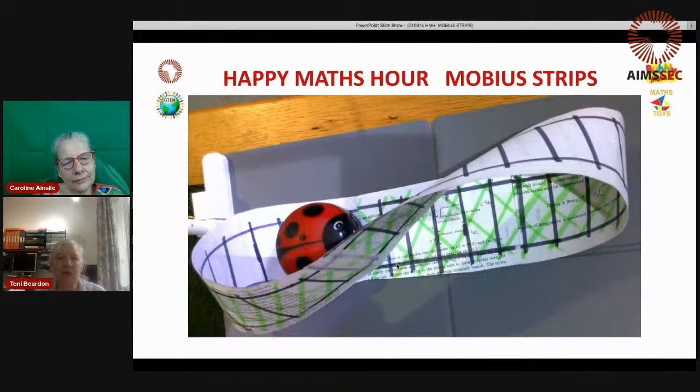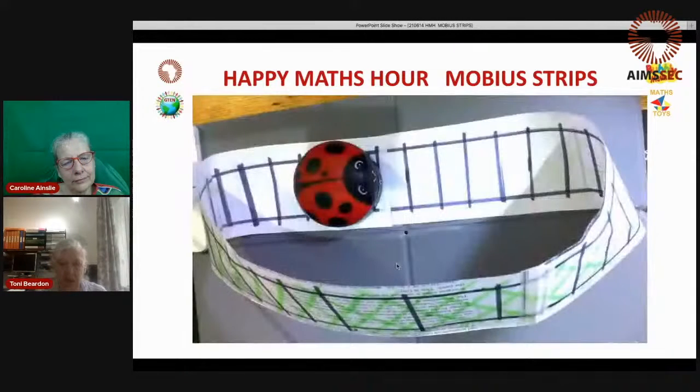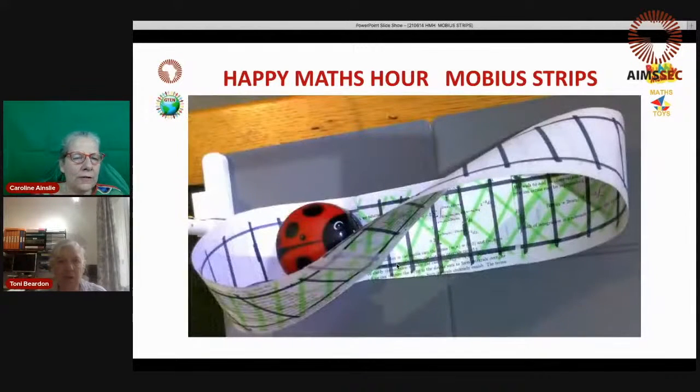So can you see that in this there were two edges to that strip, Caroline? Two edges, each of them an ordinary circle. When you go to the Mobius strip, two edges and two faces, right? Yes, surfaces, yes. Now, when you go to the Mobius strip, you've only got one edge.